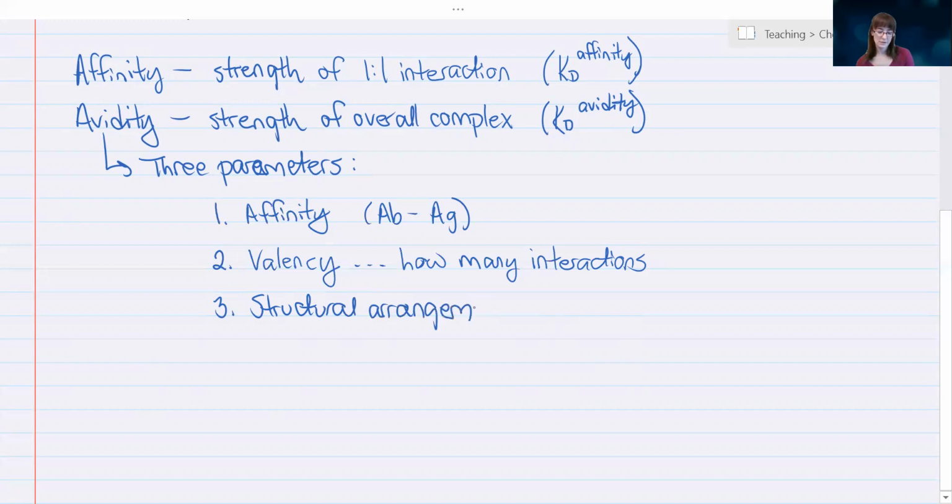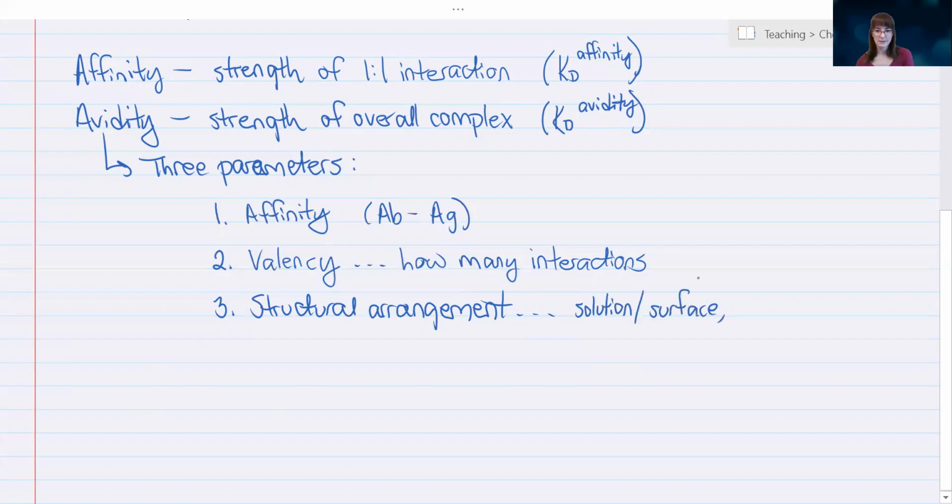The reason that this matters will become more clear, but you can already begin to imagine that if you have two interactions happening close together, that may be a very different type of interaction than if you had two that were very far apart and couldn't help each other stay bound. So by structural arrangement, we really mean, is it free in solution versus being bound on a surface?